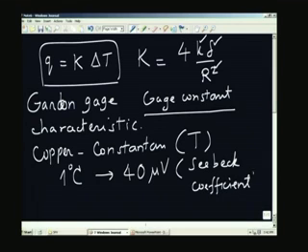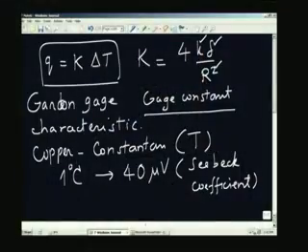So, if I am able to maintain, let us say, about 5 degrees Celsius difference between the center and the periphery, it will correspond to only 5 into 40, about 200 microvolts, which is only 0.2 millivolts. Of course, I can use an amplifier and amplify the signal. That is part of the electronics which is going to come with the sensor, but as far as the sensor is concerned, this is the fundamental equation.